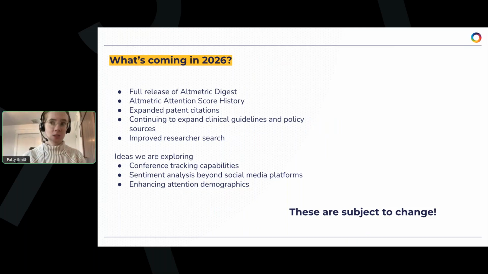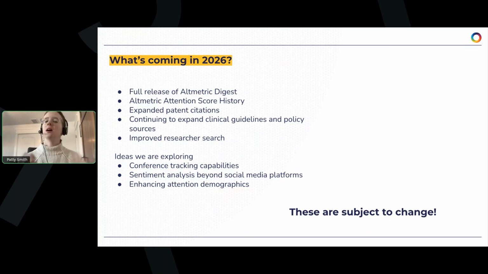We are going to continue to expand clinical guidelines and policy sources. I'll come back to that in a moment. As I already mentioned, we want to improve the researcher search as well. Some ideas we're exploring: conference tracking abilities. A popular thing we've heard is it's really hard to track conference abstracts, or maybe conferences in general. I'm assuming it refers to conference abstracts based on conversations with customers, but we're looking at whether we can improve that tracking.